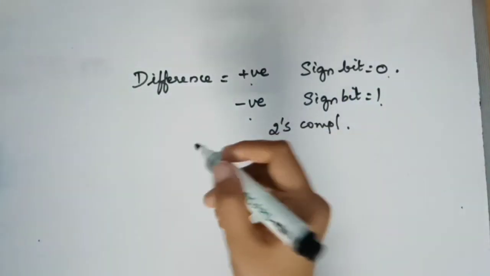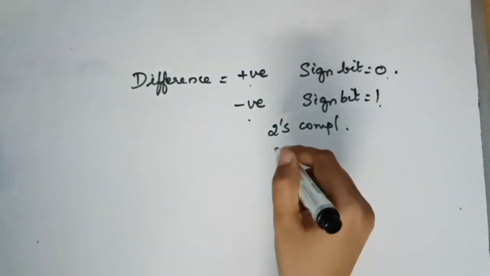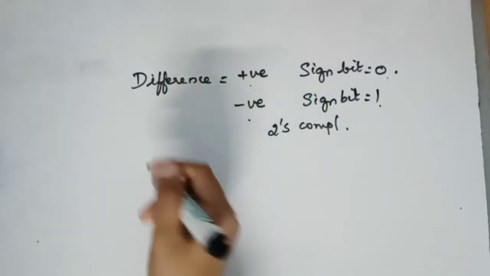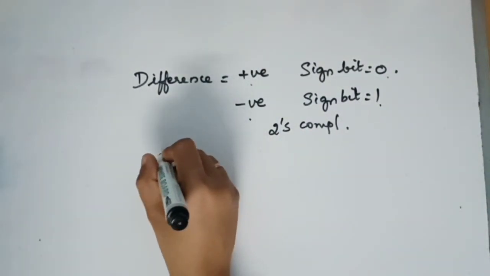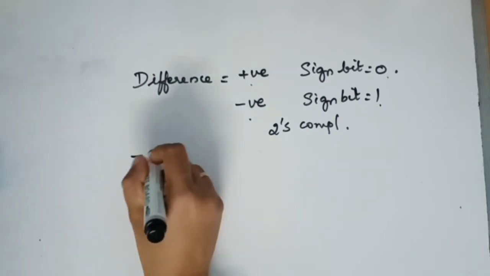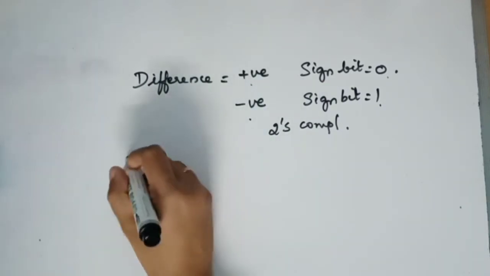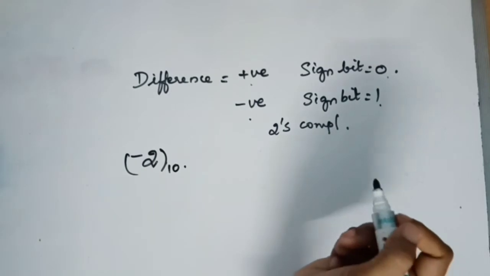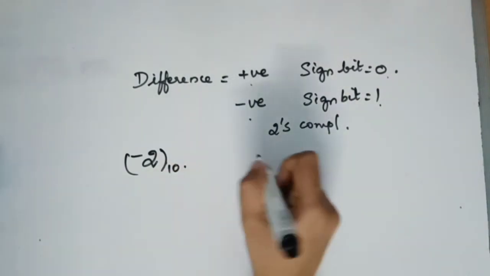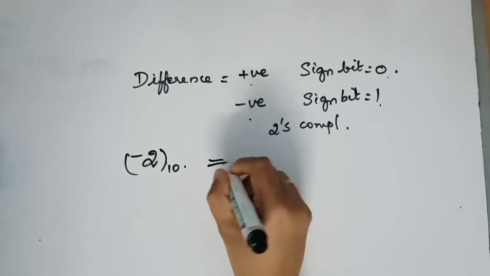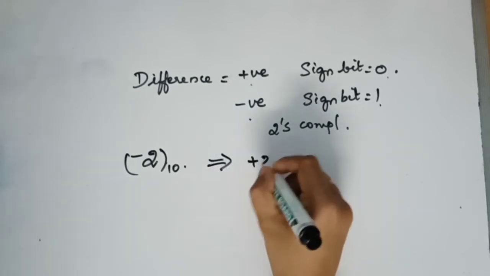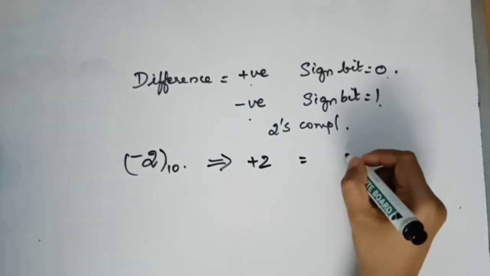Right? So how do you say that the 2's complement of, we'll just take an example, say minus 2 to the base 10. So how do you find minus 2? We'll first write plus 2 with a sign bit.